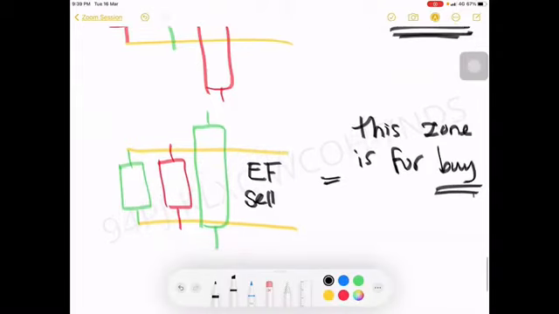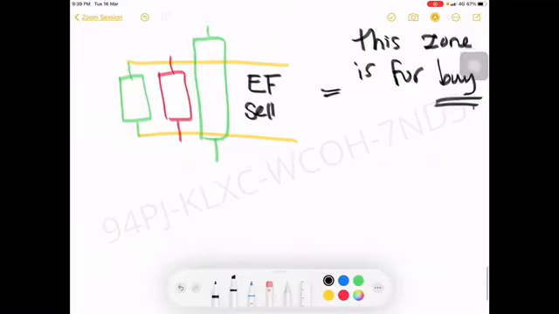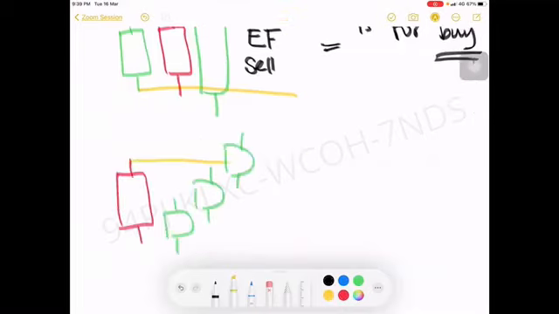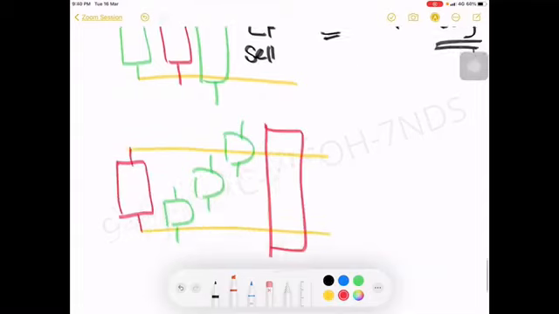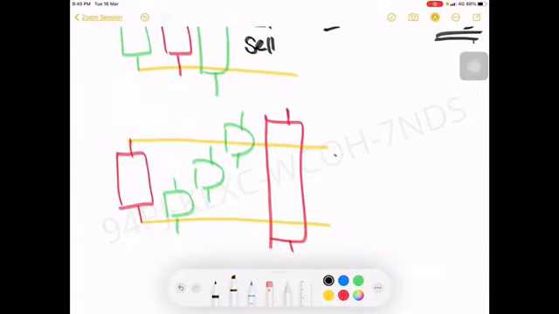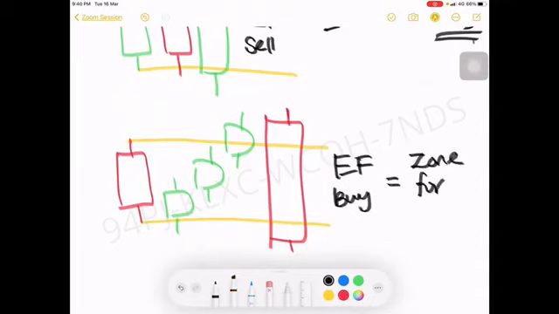Is it easy? Do you understand it now? All right, I'm going to show you one more example. Let's say you have this kind of angle, and suddenly it just went down. This is still EF, but for sell.